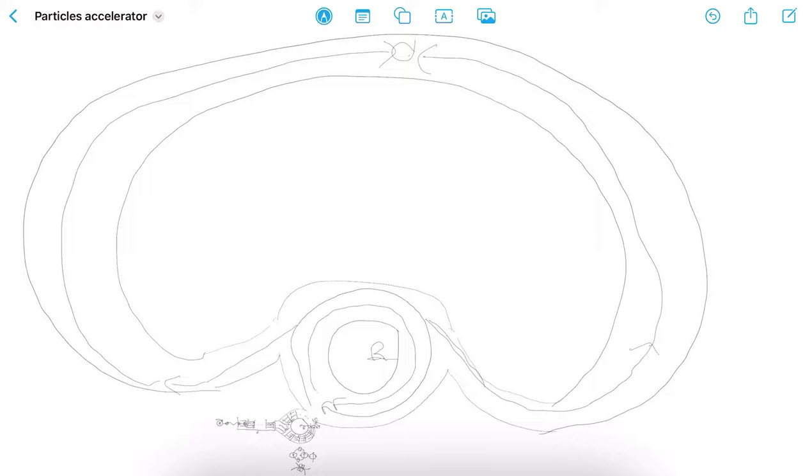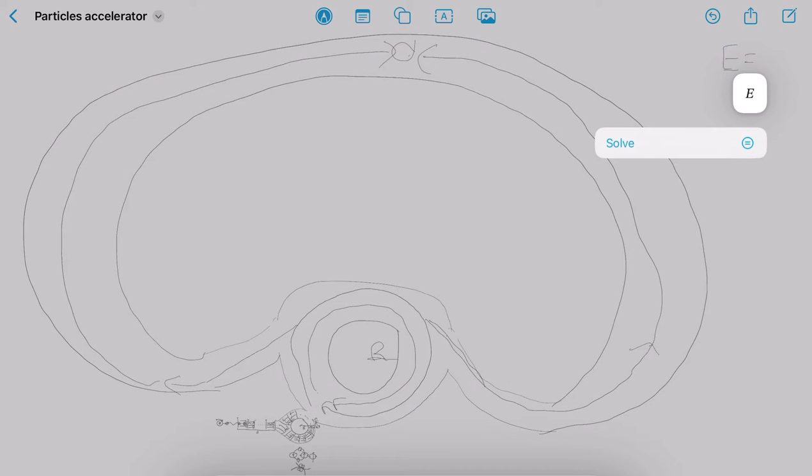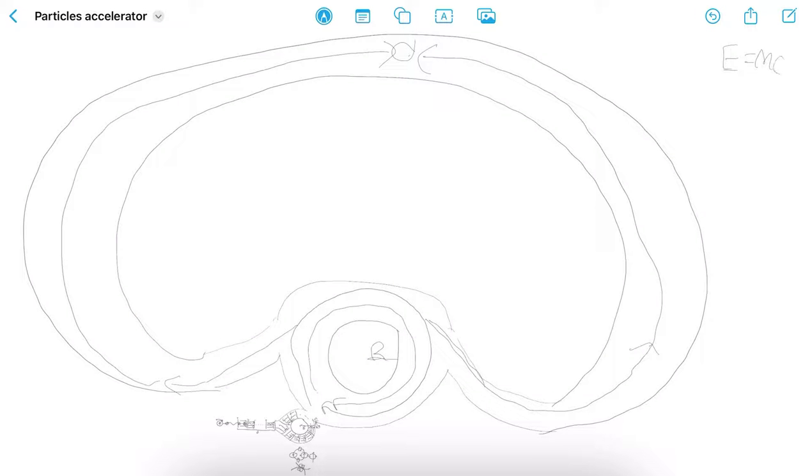And what happens when two extremely high-speed protons collide together is the energy from the collision will produce matter from energy, as in this equation, which you may also recognize.